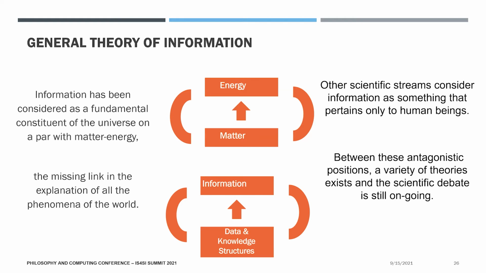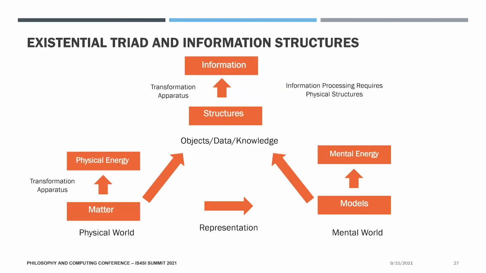But I think the current understanding, the existential triad and the information structures of the general theory of information that Mark Burgin has proposed, is that the whole world consists of either a physical world or a mental world, and both of these are represented in structures.